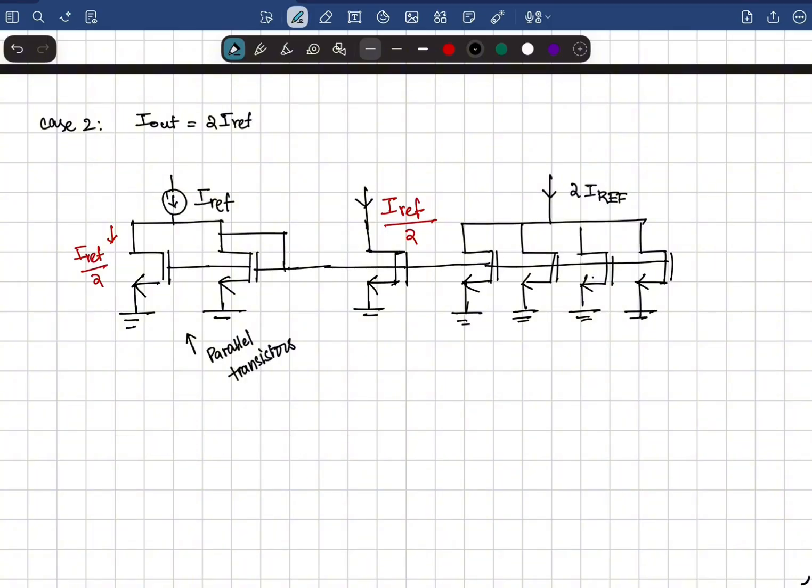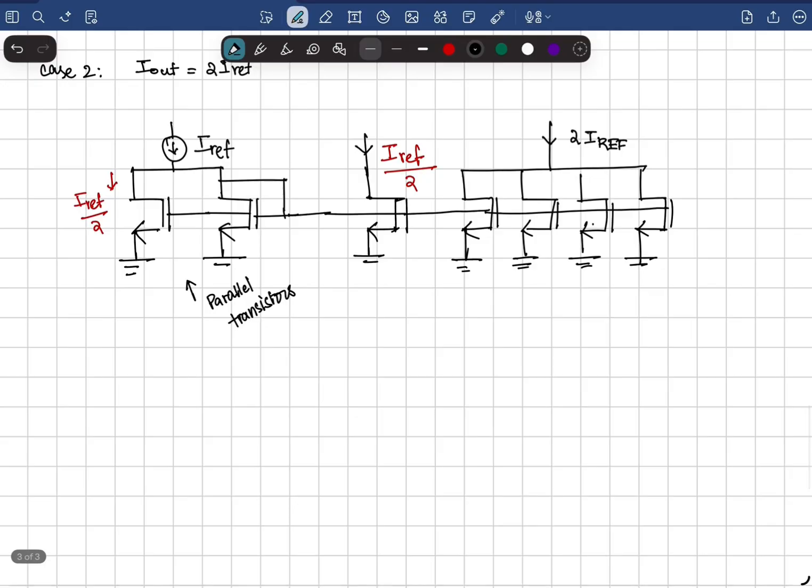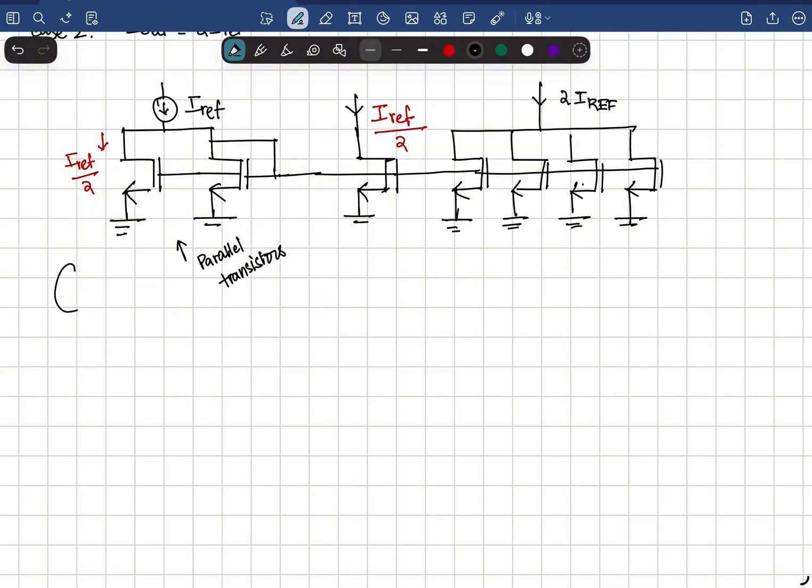However, the above approach requires a large number of unit transistors if many different currents must be generated. It is possible to reduce the number of unit transistors used by using series transistors. Now I can use this approach to generate the same output currents, one output current being half the reference current, and another output current of twice the reference current.